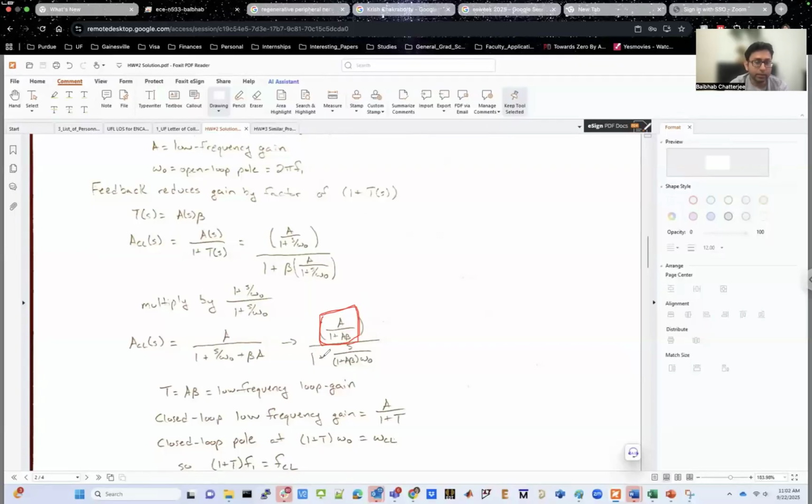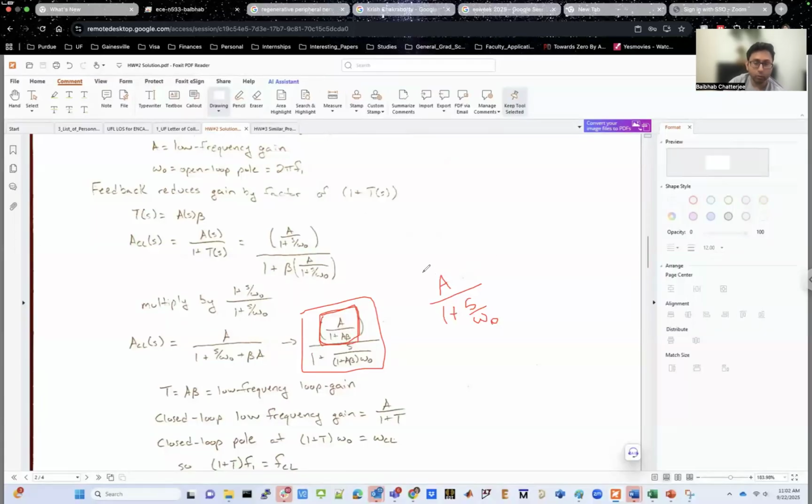The denominator is in the same format as before. For the open loop gain, the denominator was written as 1 plus s over, let's say, the pole frequency, which in this case we wrote as omega naught. So it's in the same format. As you see this equation over here, it's exactly in the same format. In the numerator, you have the zero frequency gain.